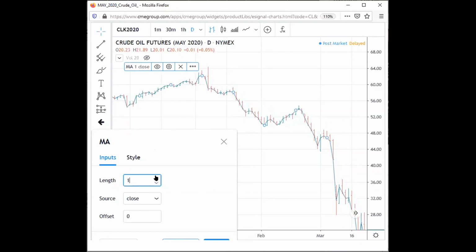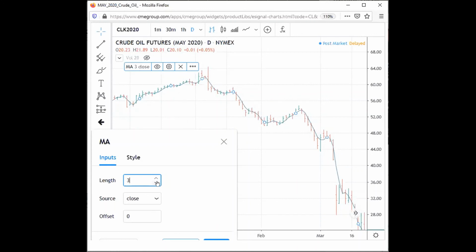What happens if the window is longer, if the window is wider, is that the moving average is smoother, right? And it's kind of behind the price. It has a longer memory. The moving average has a longer memory.